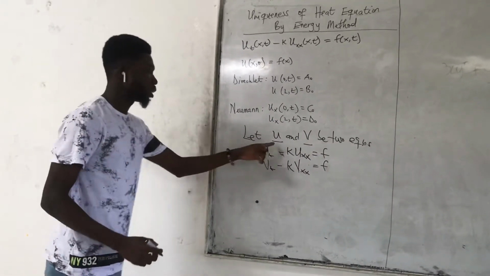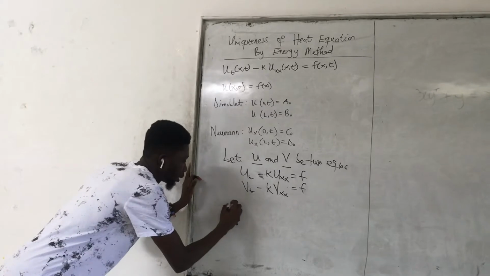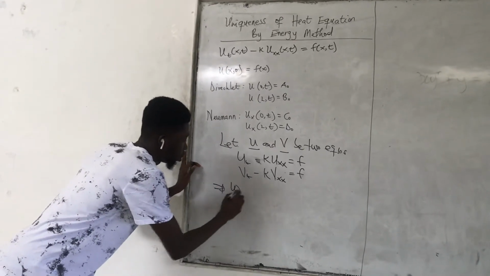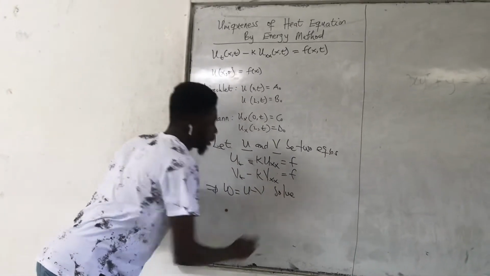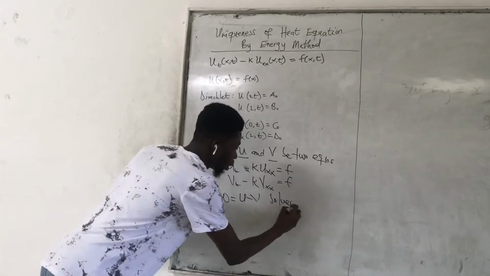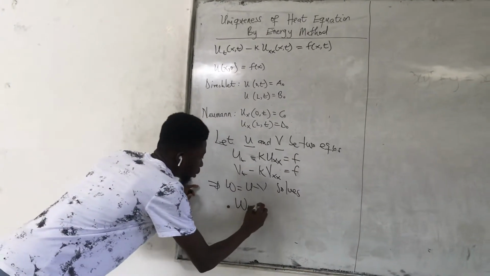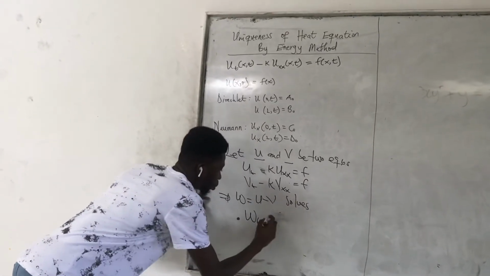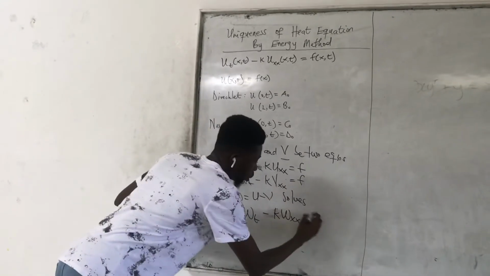Now, since these two are solutions, by the linear principle, we could also say that W, which is equal to the difference of U and V, also solves the PDE: W_t minus K W_xx equal to 0.